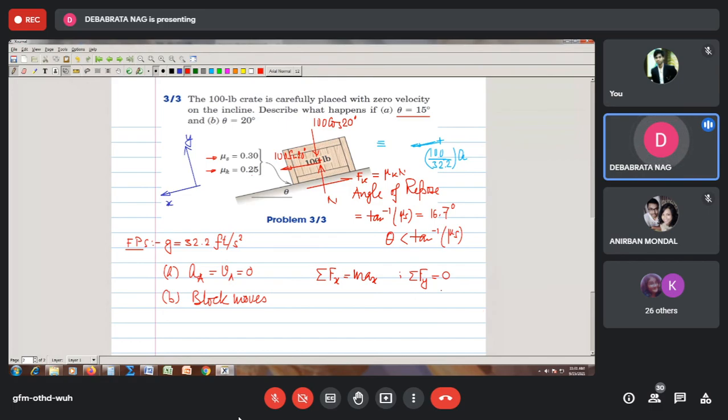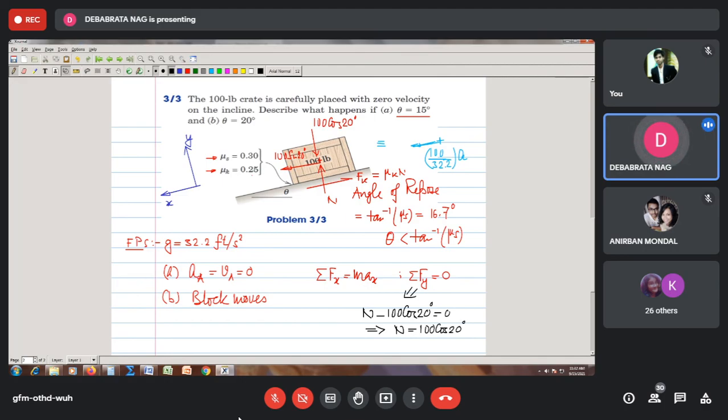So I attack this equation first. From this equation I can say obviously that N minus 100 cos 20 degree is going to be equal to 0, or in other words we see that N becomes equal to 100 cos 20 degree. So this is done.